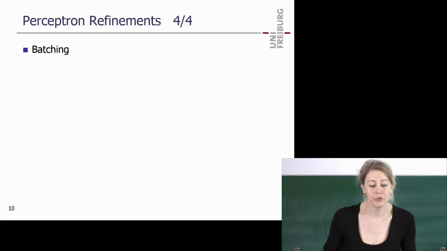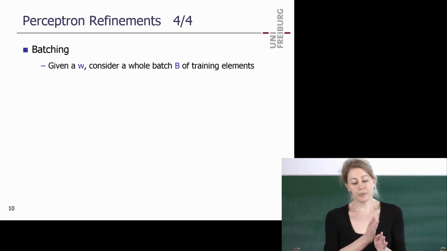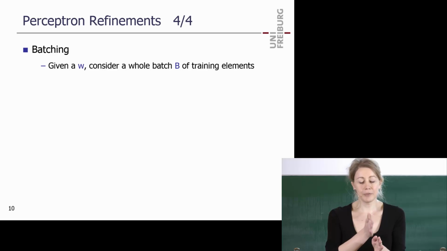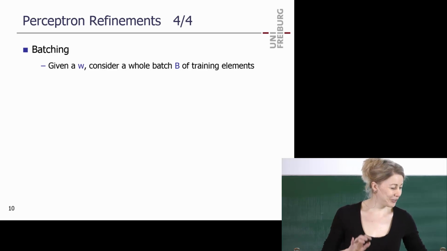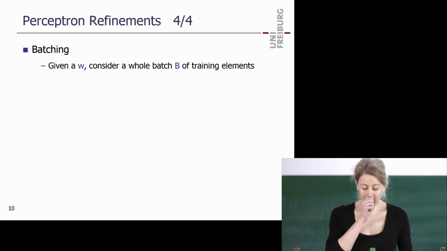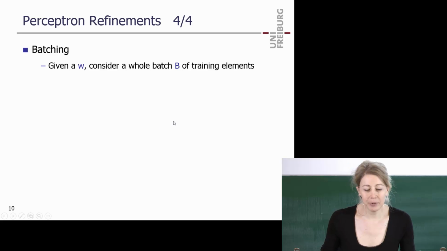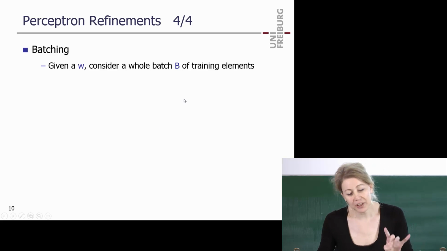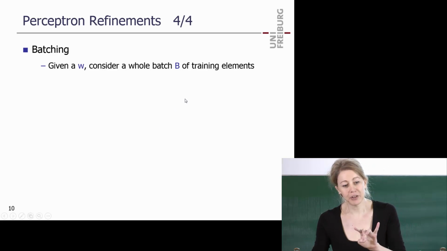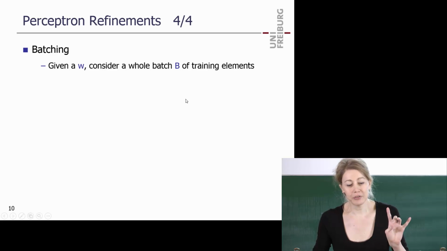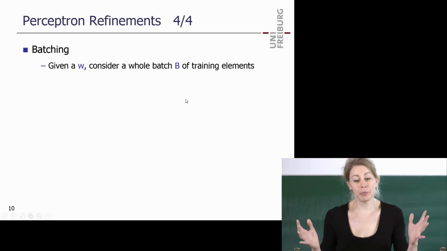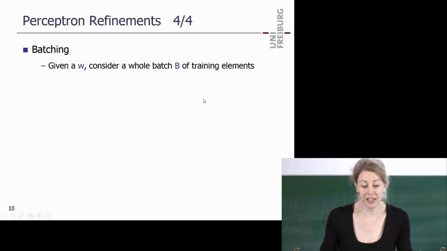Here's another simple trick, batching. In your simple implementation, you did it element by element, right? And this was also inefficient, by the way. Now take a whole batch, say 100 training elements.